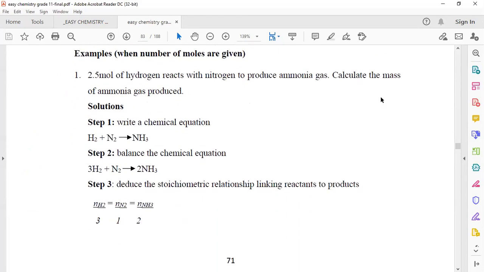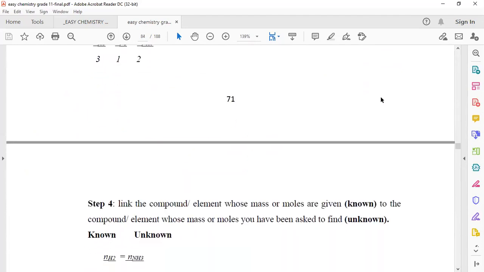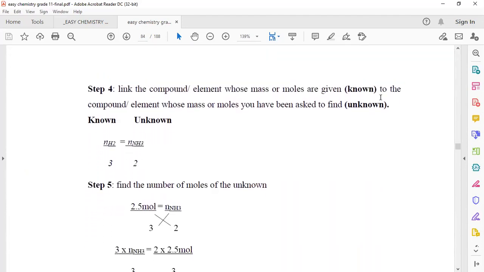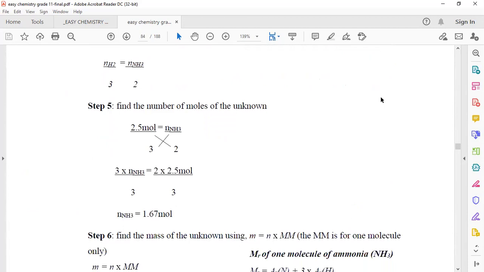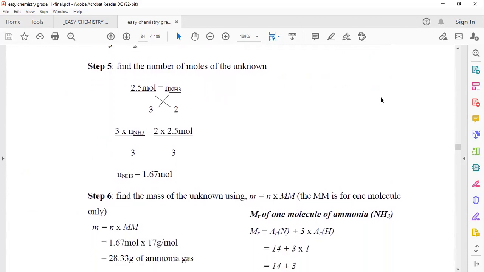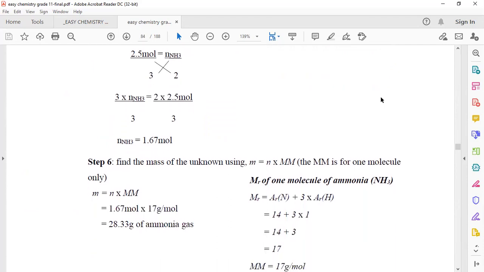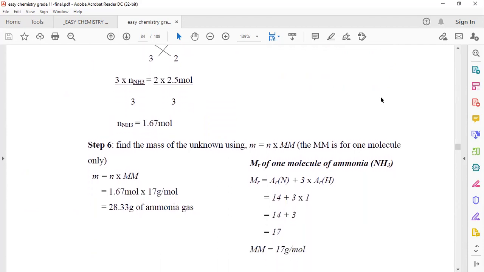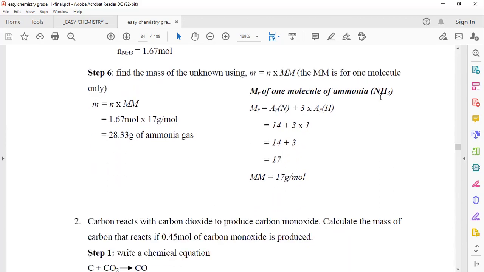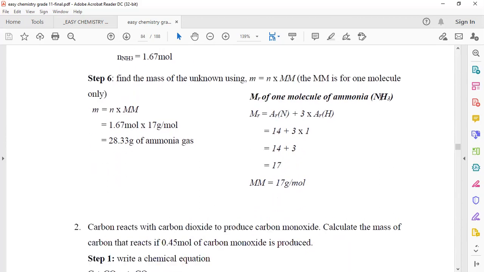What is important is moving away from the moles and going to the mass. Doing that calculation, we get the number of moles, which is 1.67. Then moving from the moles to the mass, we definitely get 28.3. They can give us all sorts of questions.